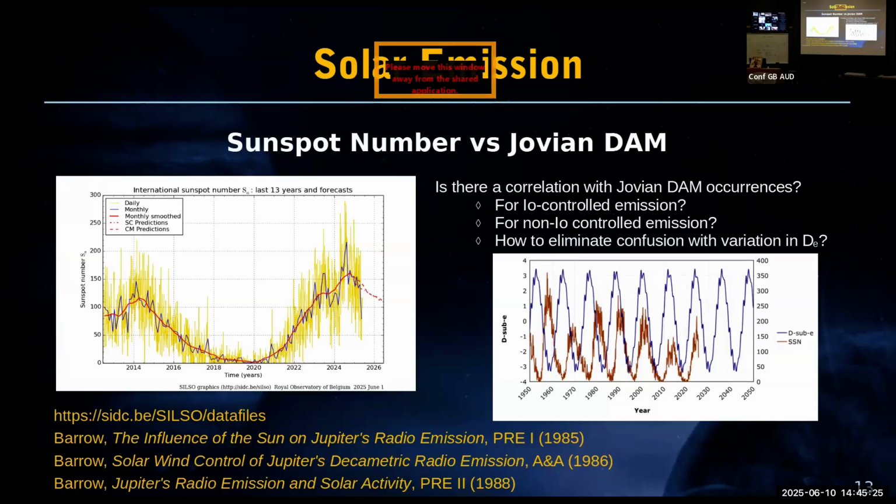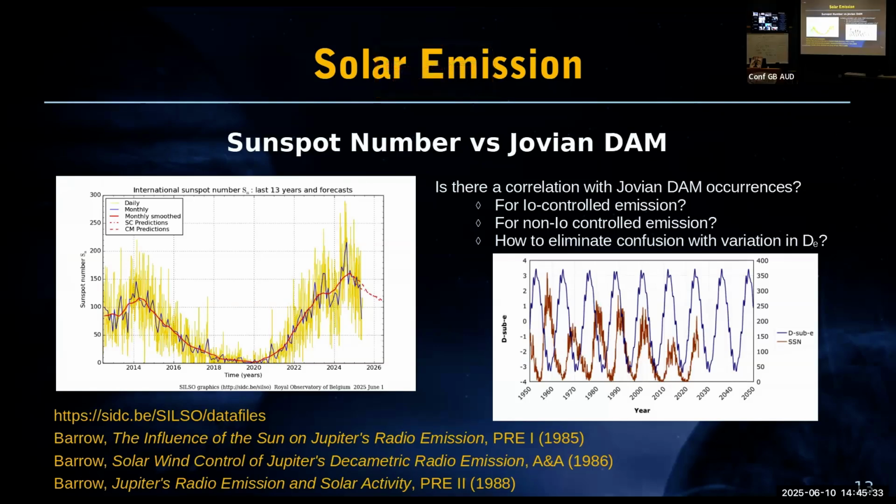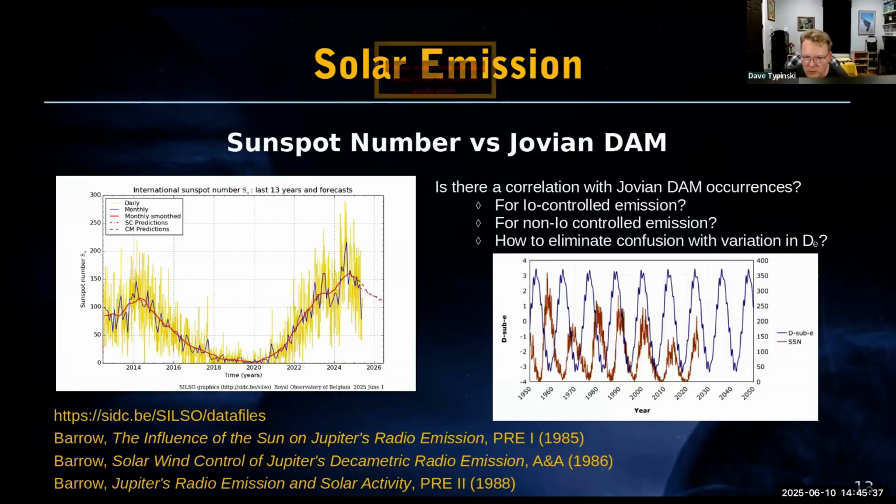Declination of the Earth. Jovicentric declination of the Earth. That's it. Mental block. It was out of phase with solar activity. So we all know high D sub E, 3 degrees, you're getting a lot of Jovian emission. Negative D sub E, 3 degrees negative, we don't see a whole lot of Jovian events here on Earth.